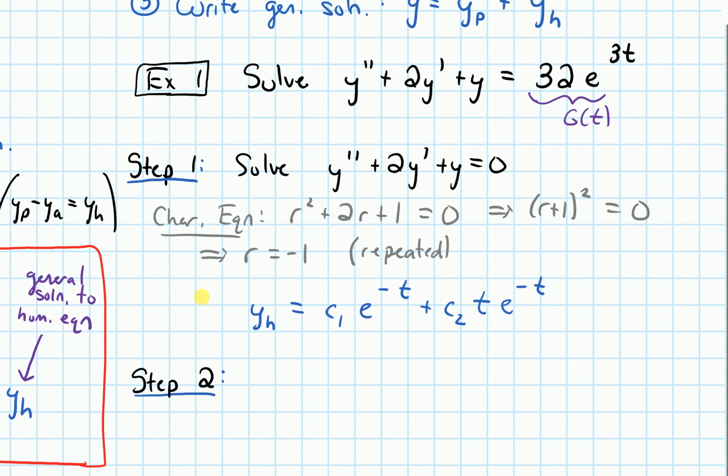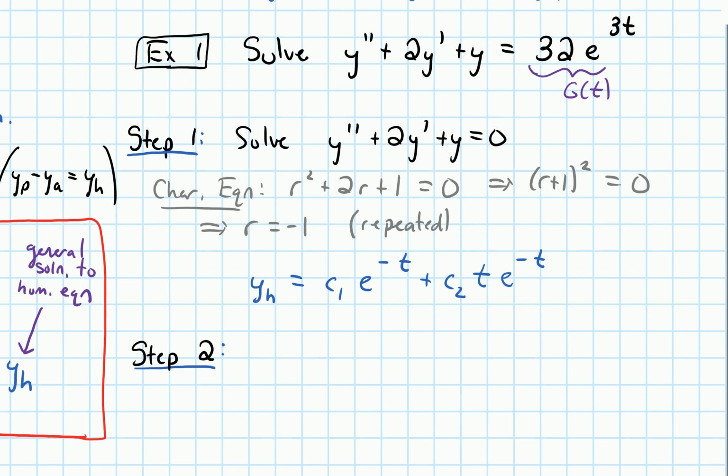Now we're on to step 2, which is we need to find a particular solution to the non-homogeneous equation. So we need to find yp using a guess. So we have to look at what g of t looks like, what form it has. So it's 32 e to the 3t.